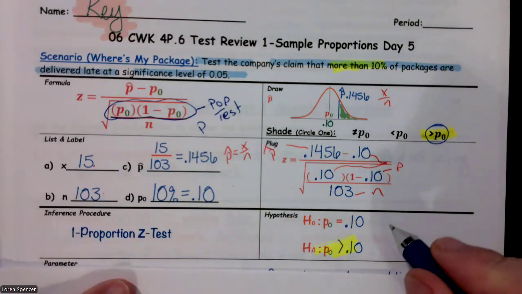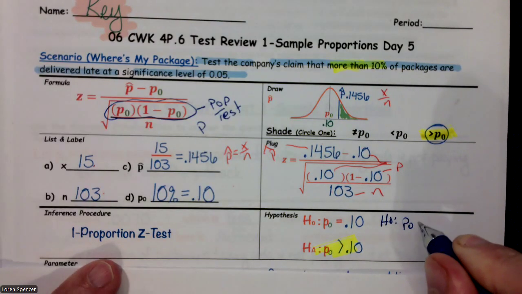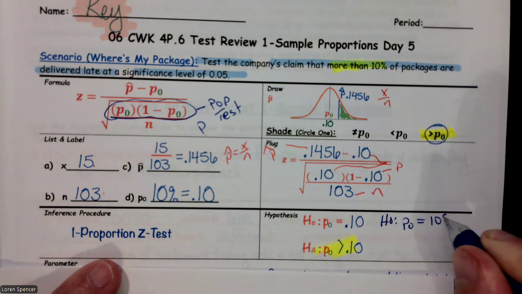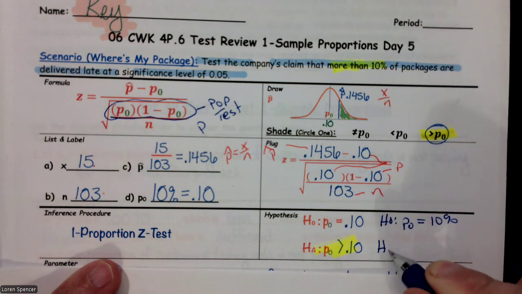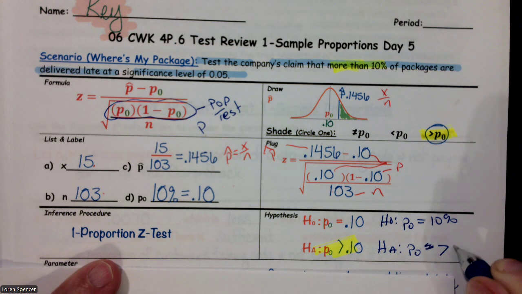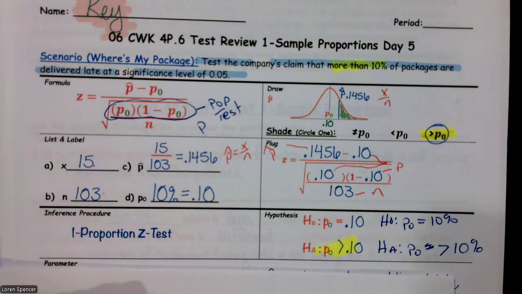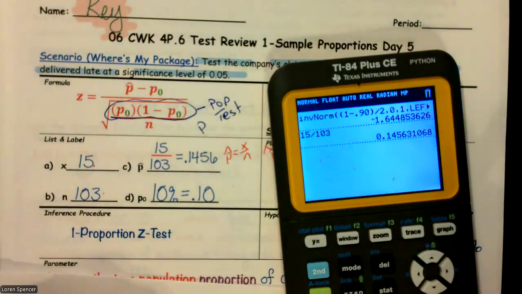If you'd preferred, you could have written H0: P naught equals 10%, HA: P naught is greater than 10%. It's up to you. Just always remember when it's a percent, always take your percent and divide it by 100.